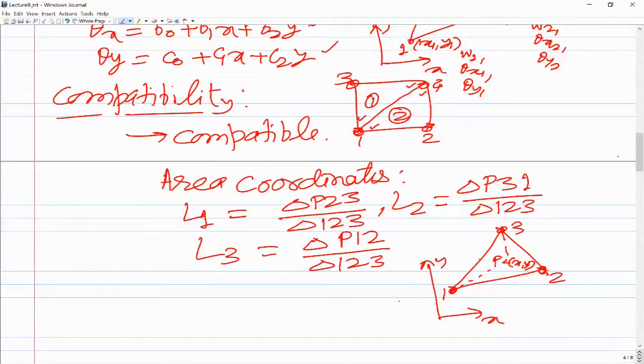The areas P23, P31, P12 will all be in terms of x and y. So L1, L2, L3 are all functions of x and y, and they also involve the nodal coordinates x1, y1, x2, y2, x3, y3.